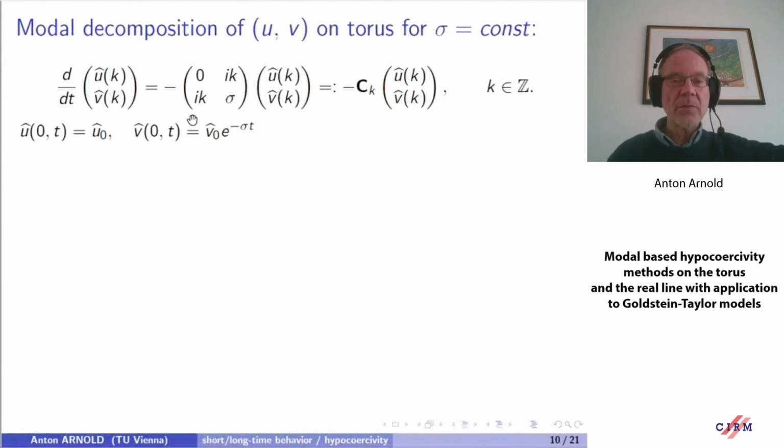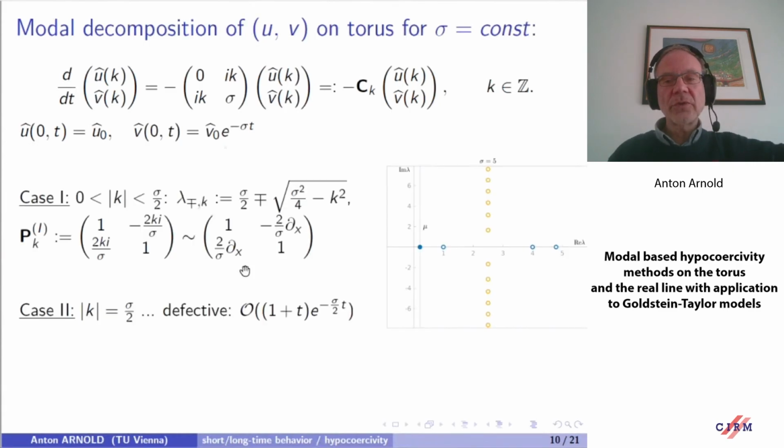And this matrix that appears here is what I call the matrix C_k. So first, if we sort out the 0 mode, so here these elements are then 0, so we see that the U and the V for the 0 mode are decoupled. You have immediately their solution. So let's go to the other modes.